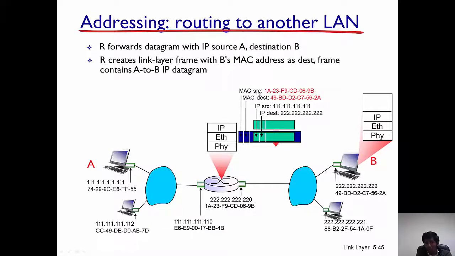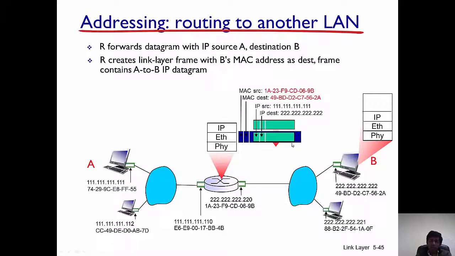Note that the MAC source is the MAC address of this interface of R. So it's 182379 CD069B. You can follow my mouse and you will see that the MAC address is this particular address out here. The MAC destination address is the MAC address of B. So that is the destination address corresponding to B.